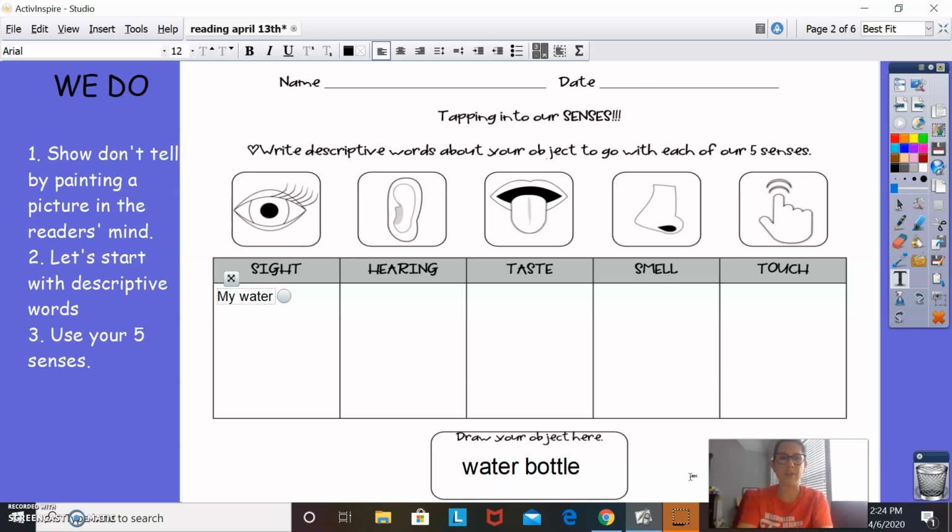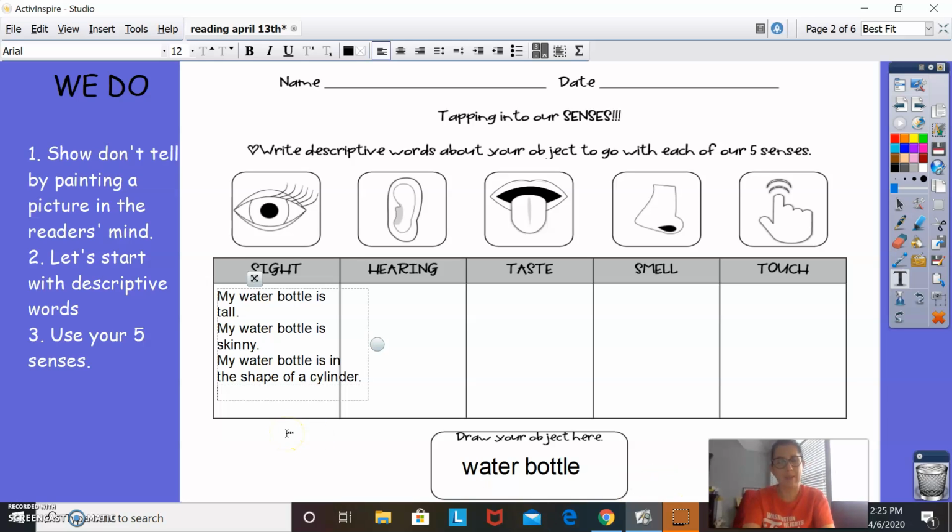My water bottle is tall, period. My water bottle is skinny, period. Oops. My water bottle is in the shape of a cylinder. Now, we talked about cylinders in math, didn't we?